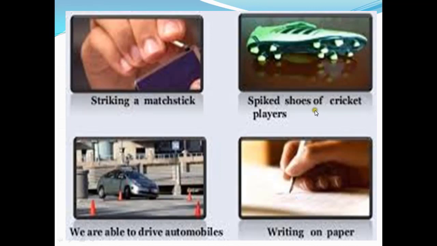Also the shoes of a cricket player need some friction, whereas vehicles like cars are able to drive on slippery surfaces, and this is just because of friction. Also writing on paper is an example of friction. So these are the advantages of friction.